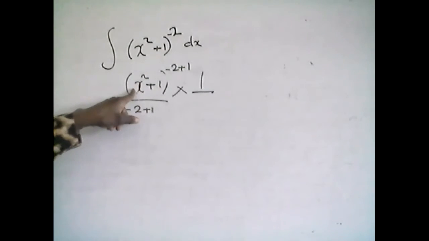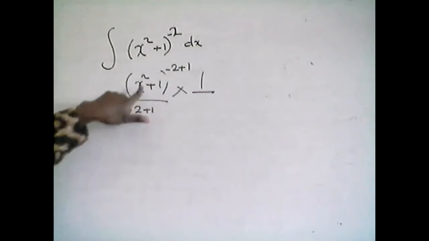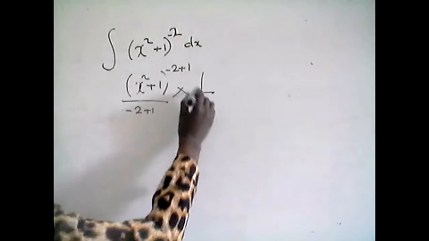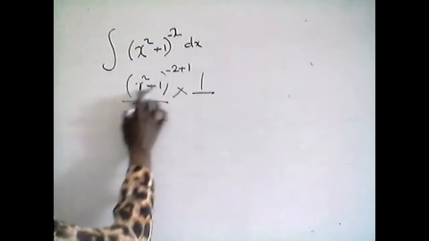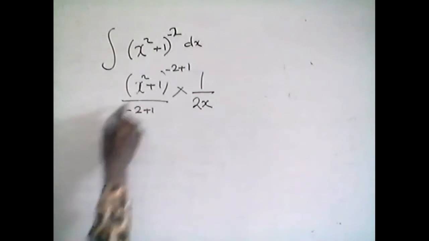So, remember, when you are differentiating we multiply, but now when you are integrating, you're not going to multiply by what we have differentiated. Instead, you are going to divide by it. So we are going to divide by what we have differentiated here, which is 2x, plus some constant c.